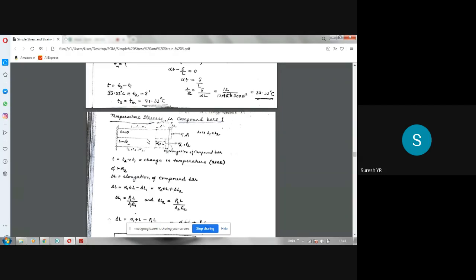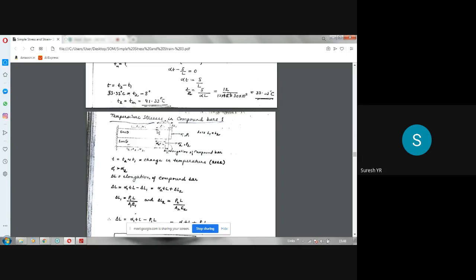This is a compound bar. Let us say there is a rise in temperature. What happens? These two bars will not elongate to the same extent. Please understand this concept. Even though they are free at both the ends, this is the initial position of the bars, up to this it is L. Now let us say the first bar is steel. When this is heated, its length has increased up to here.